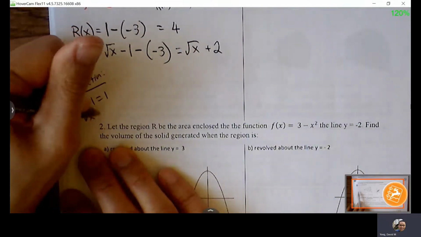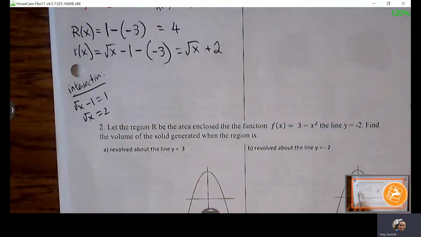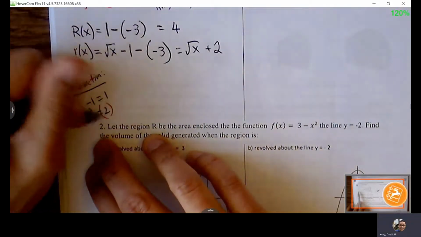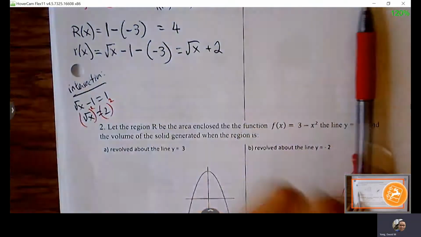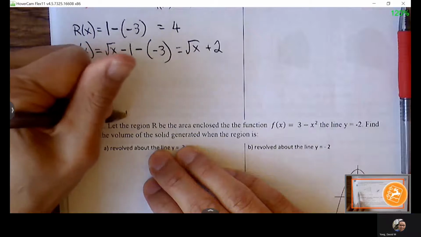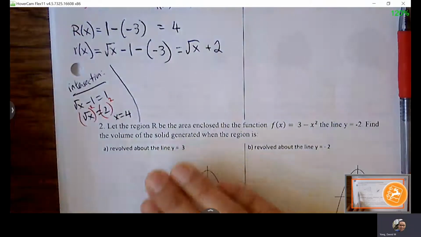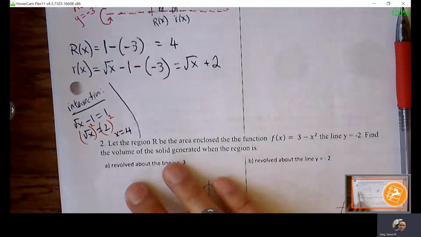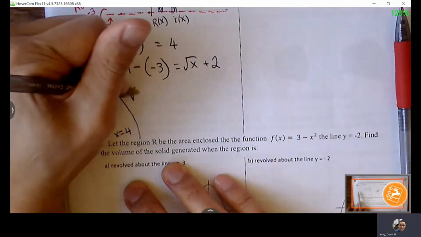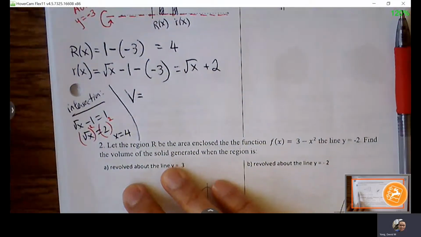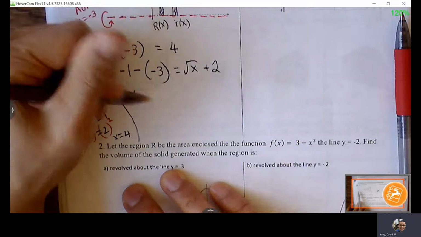Okay, add 1 to both sides, square to get that x by itself. Okay, we should be ready for our volume formula here.